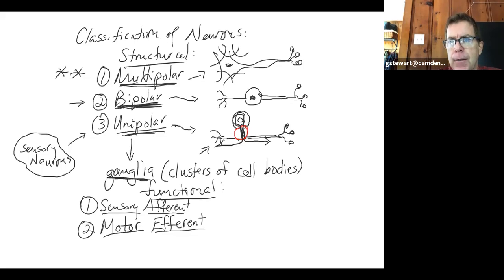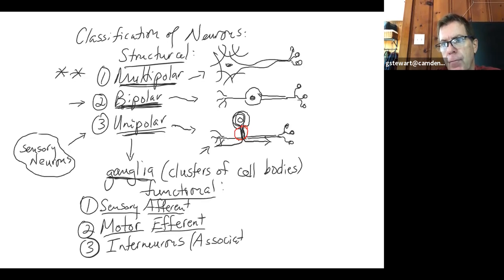And 3, what we call interneurons or association neurons. These are predominantly found in the central nervous system.